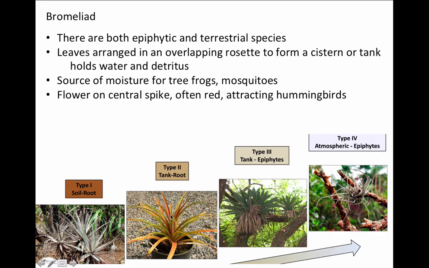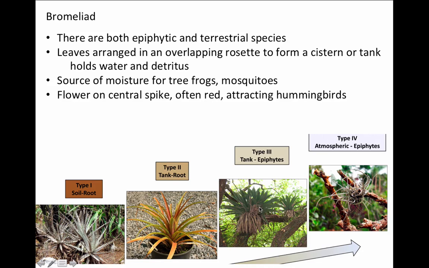A very common type of epiphytes are called bromeliads. Bromeliads are very recognizable by having a rosette of leaves around a central trunk or tank that holds water, and also can hold detritus or dead and decaying matter in its tank. And they could be found terrestrially, or there are examples of epiphytic ones.